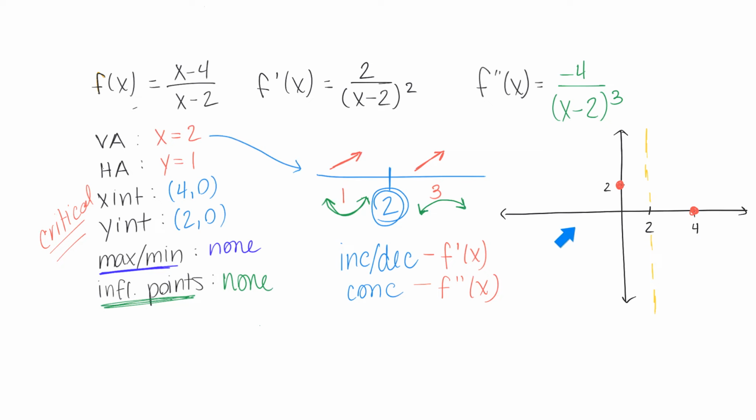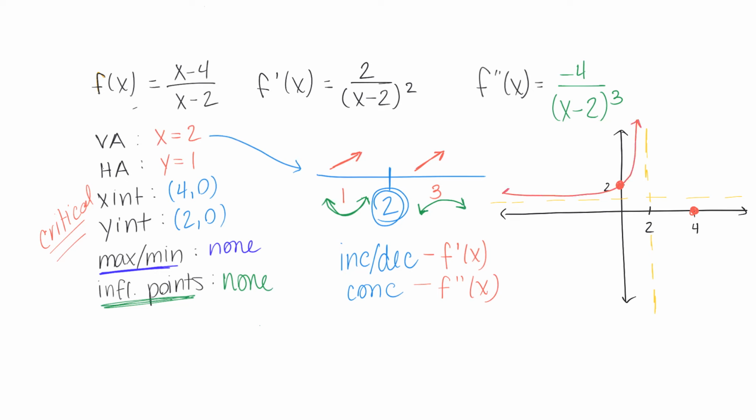So let's start on this left side. On this left side, all the way up to 2, I'm increasing and I'm concave up. And I don't know anything other than I'm going to go through this dude. Oh, what else do I have? I have a horizontal asymptote. Geez, guys, you got to tell me these things. Okay, horizontal asymptote. So I'm increasing and I'm concave up, and I need to pass through this.